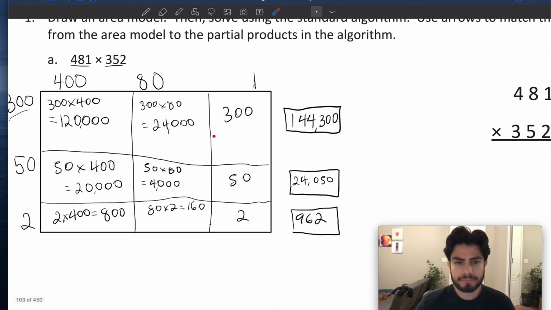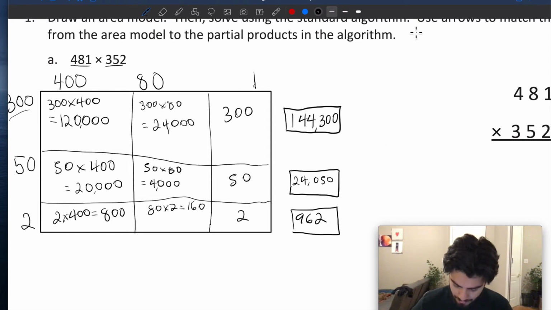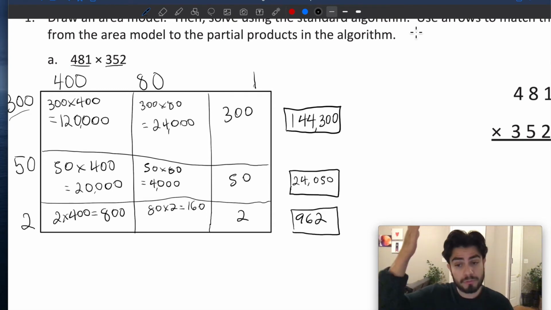Okay, let's continue here. My last and final step, so many steps, we are going to simply just add up all of these now for our grand total. Now, for me to do this, I'm going to add them all up the best way that I know how without messing up.